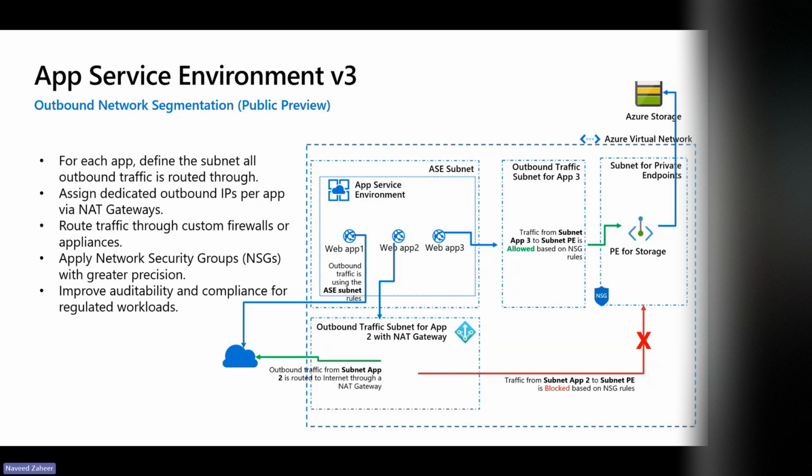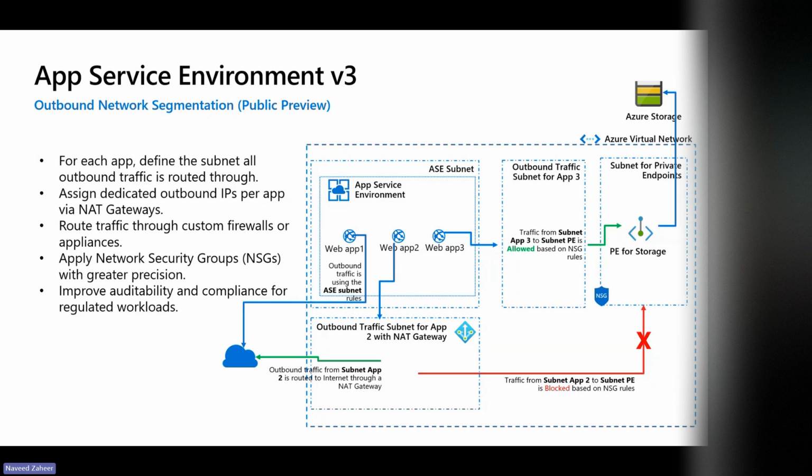That's still available, but what they want is to have more control where you can route the outbound traffic in a way that you can use another subnet. You can use a subnet that may be using a NAT gateway. So when you leave the network, your Azure, go to the internet, you have a specific IP address, all of these things.